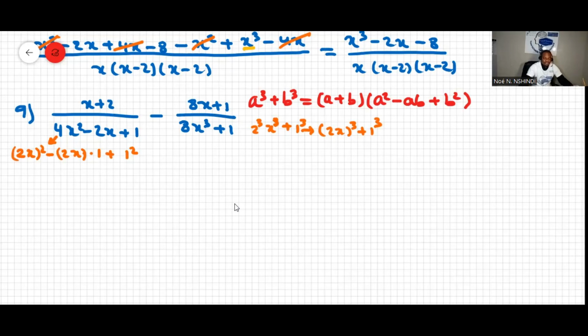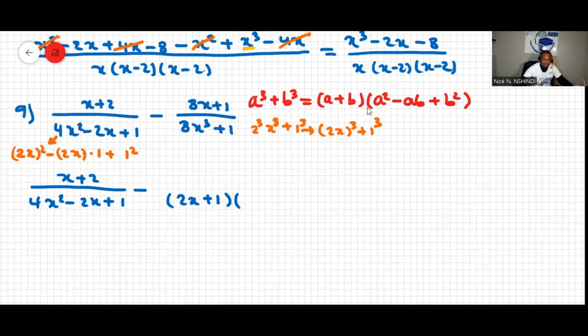Now I will factorize this, and it will be like (4x squared minus 2x plus 1) all under (x plus 2) minus, factorizing this, (2x plus 1) and then this part will be like (2x) to the power of 2, because that's a, 2x, and that's b, following this formula.